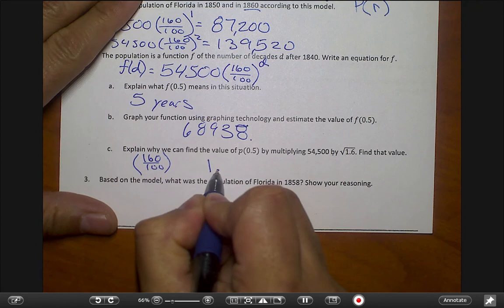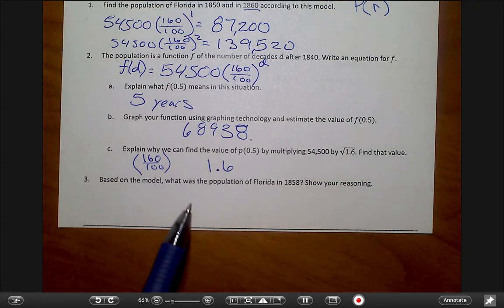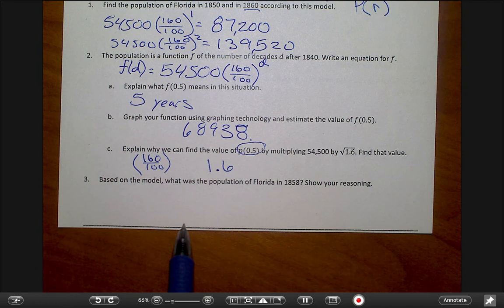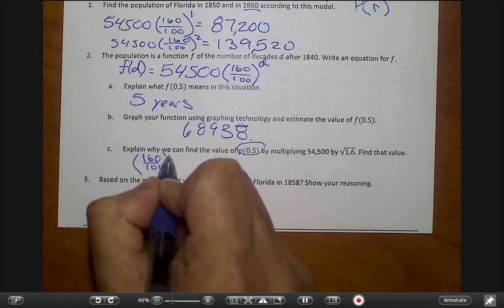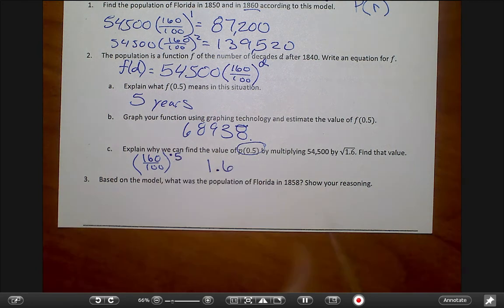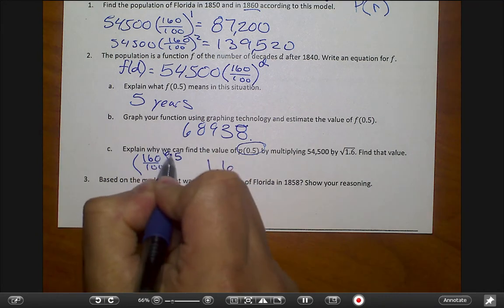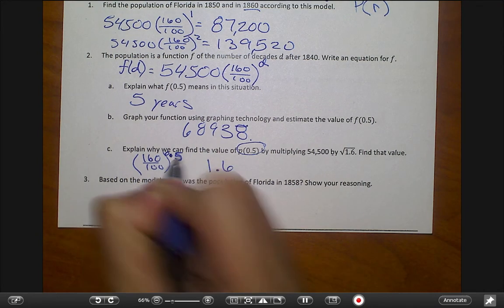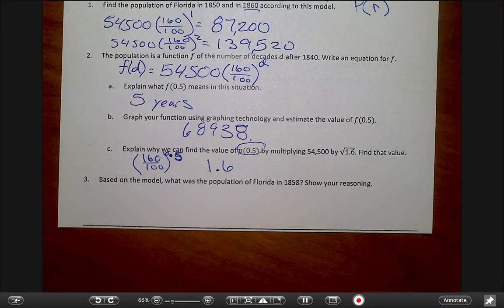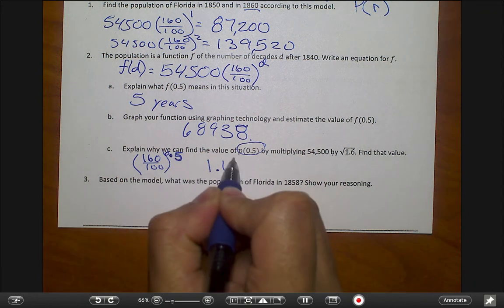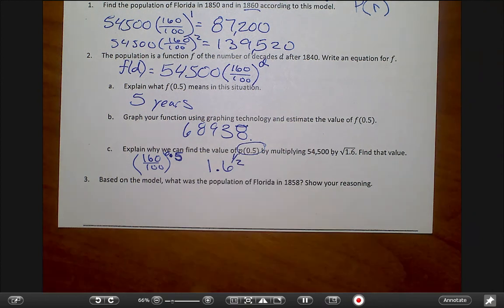There's my 1.6. Now, this value right here is my exponent. So that's going to be 0.5. What is 0.5 as a fraction? 1/2. Very good. So I could do this to the 1/2, right? Yep.